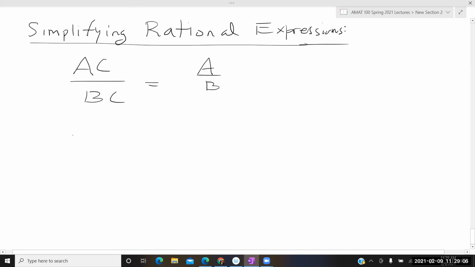We have x squared minus 1 over x squared plus x minus 2. To simplify this, we need to factor. The numerator is the difference of two squares, because remember, 1 is equal to 1 squared, so we can factor the top like so.